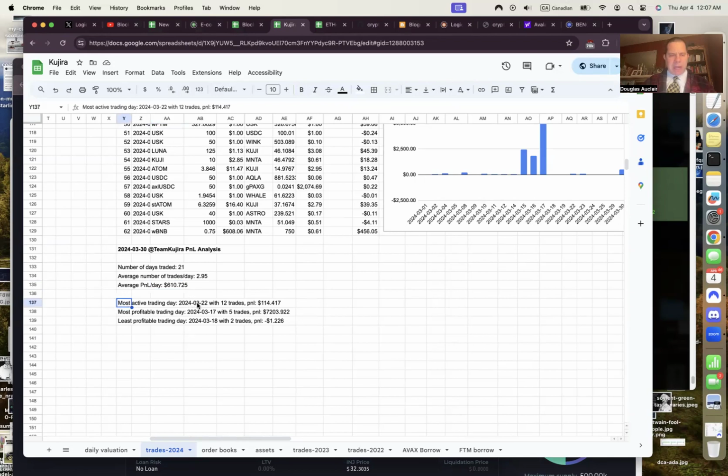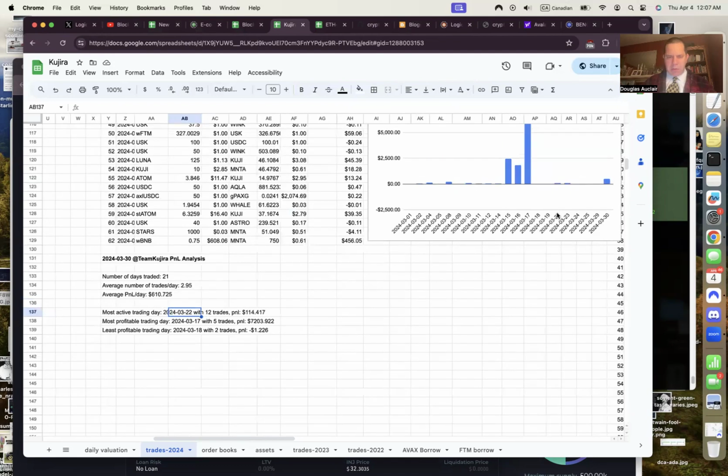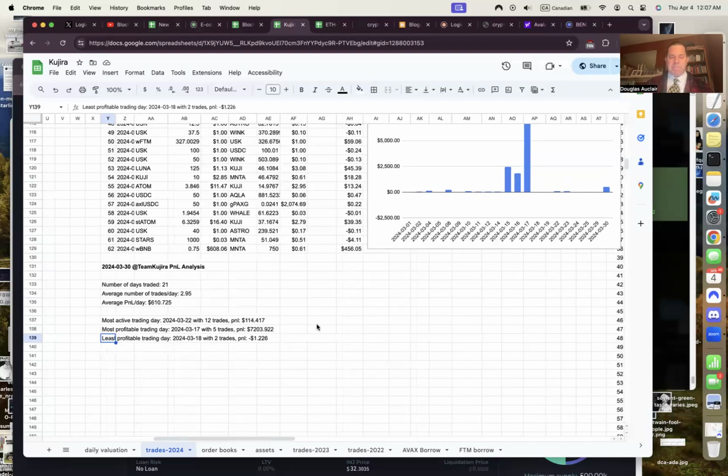Most active trading day was the 22nd, as you can see here, with $114 made. Most profitable day was the 17th with 5 trades, totaling a profit of $7,200, folks. And the least profitable day, I only lost $1.22. So very good.